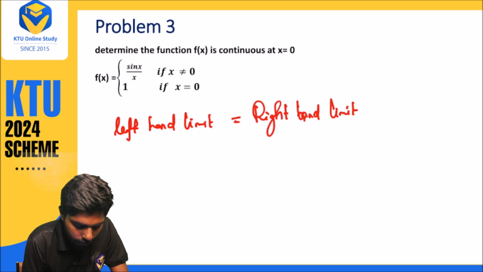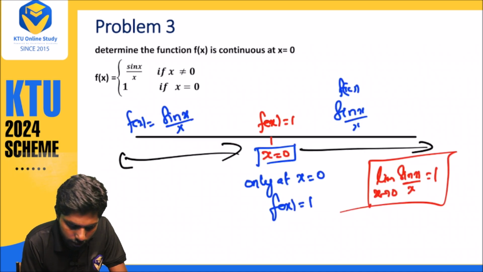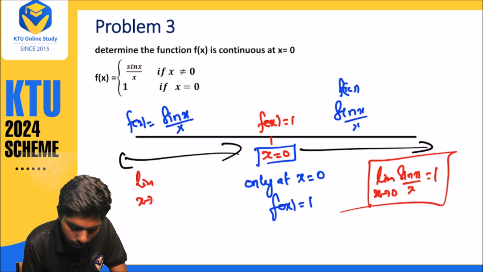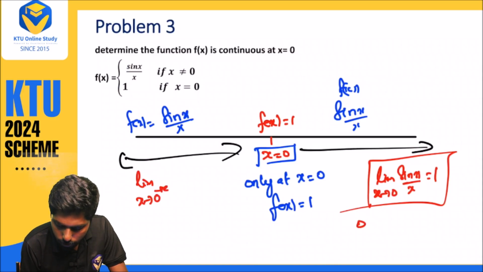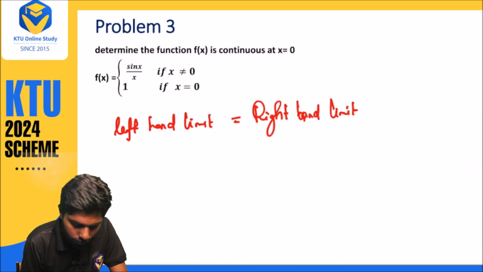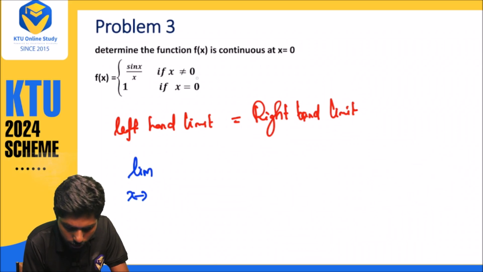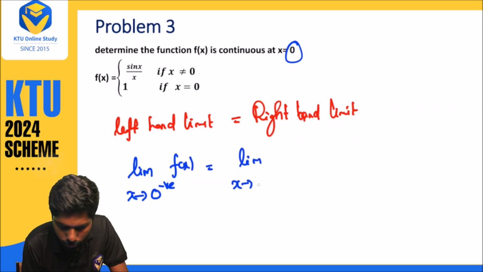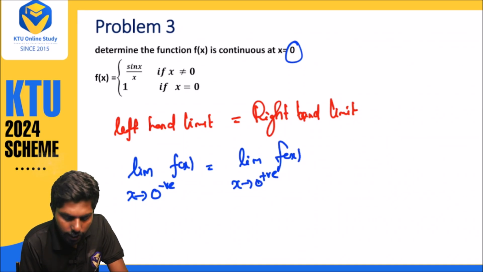We have seen in the diagram that both areas have f of x, but here the limit should approach in the negative direction, and here it approaches in the positive direction. So the limit as x approaches 0 from the negative direction of f of x is equal to the limit as x approaches 0 from the positive direction of f of x. That is the left hand side and right hand side.